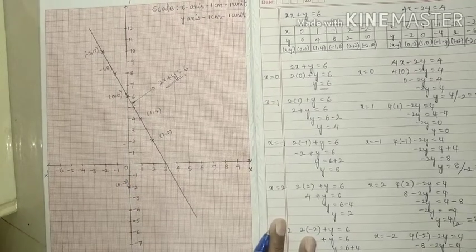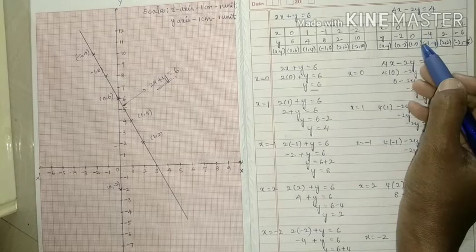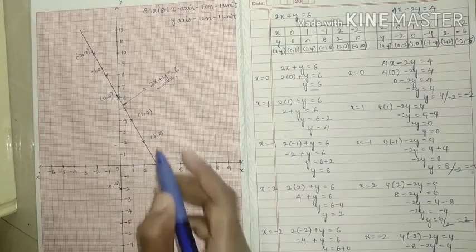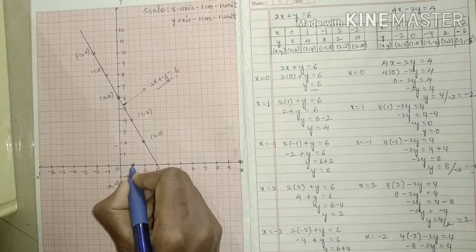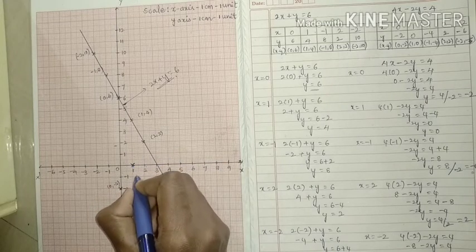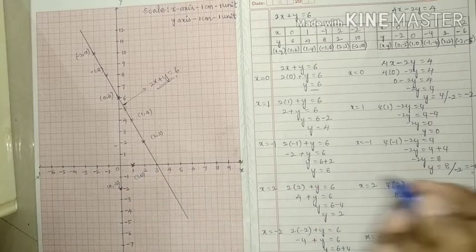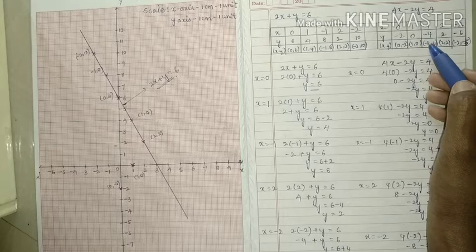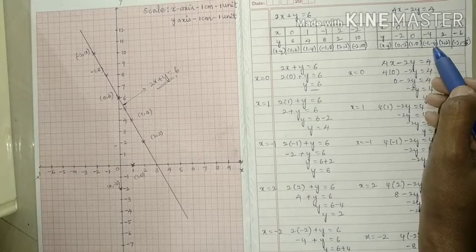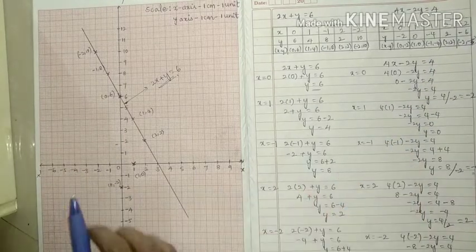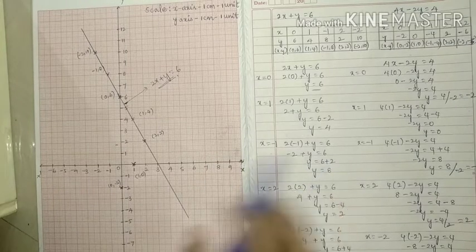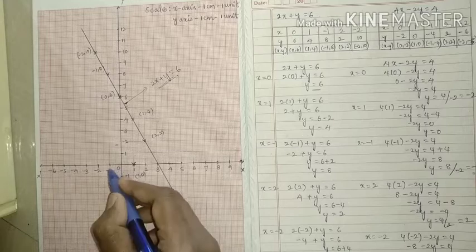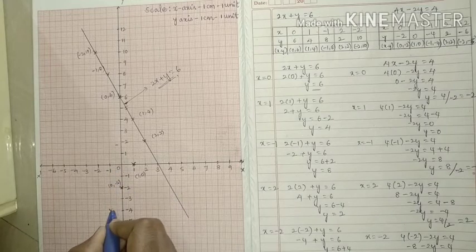Now the next point is 1 comma 0. So here we have 1 on the x-axis and 0 means you have to mark there itself, that is 1 comma 0. So the next point we have is minus 1 comma minus 4. So minus 1 here, minus 4.